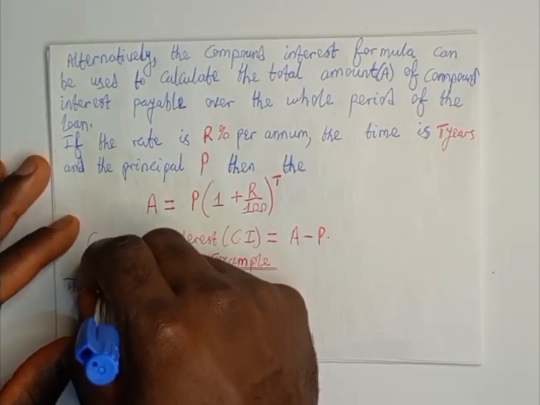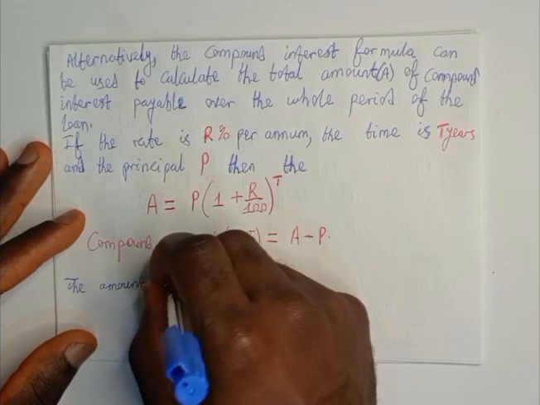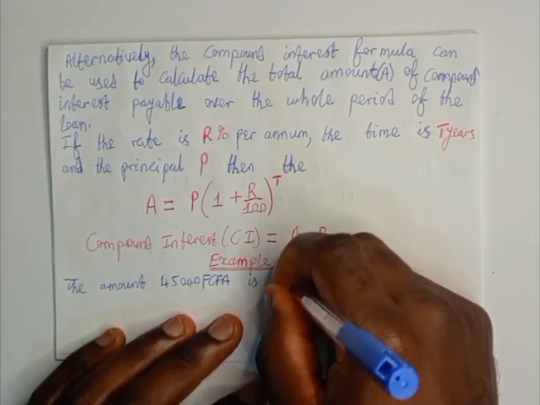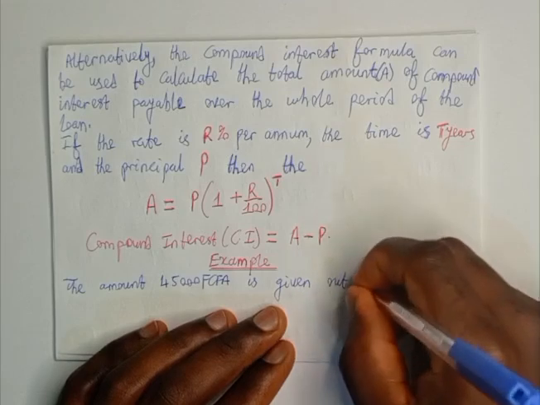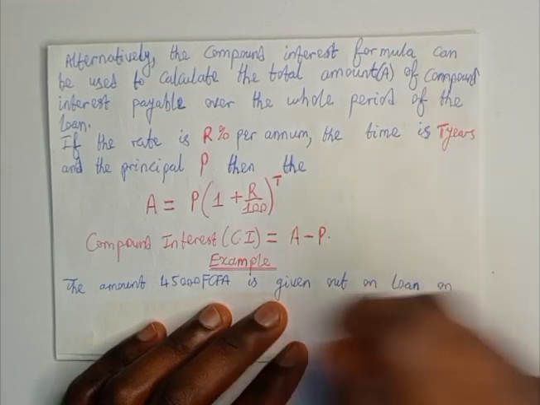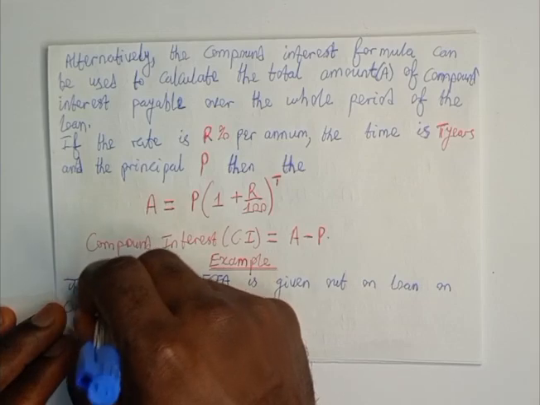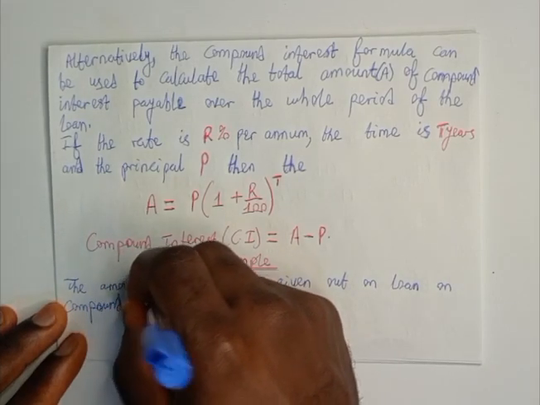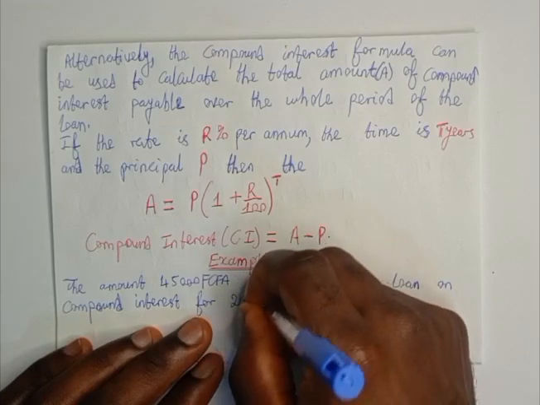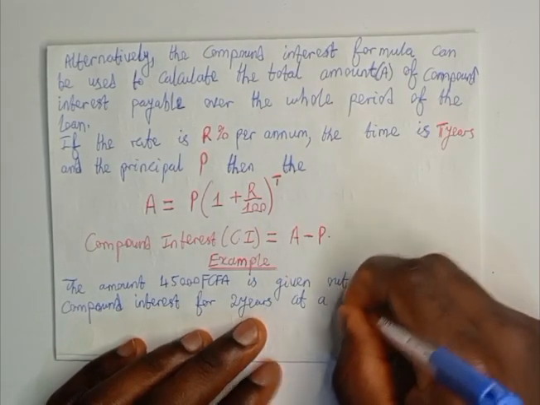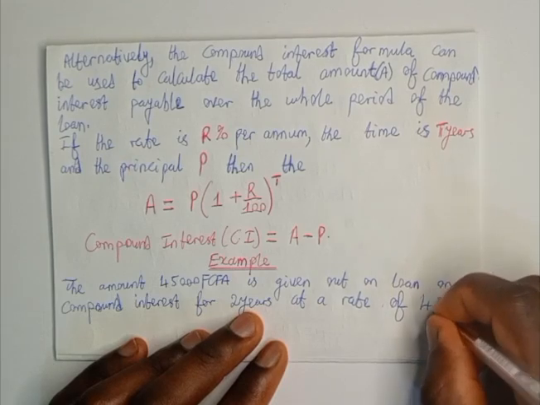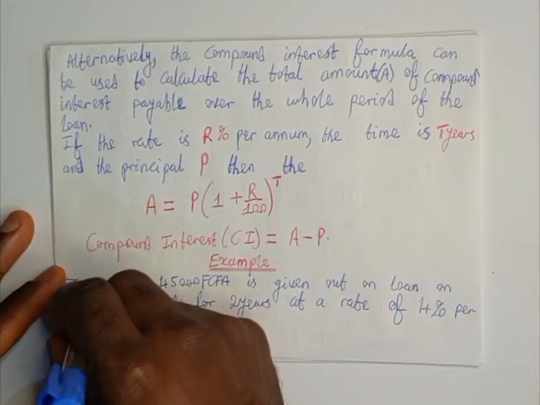Let's take this down. The amount 45,000 francs CFA is given out on loan, on compound interest for 2 years. 2 years is the duration, at a rate of 4% per annum.